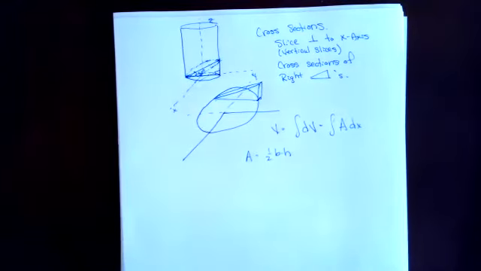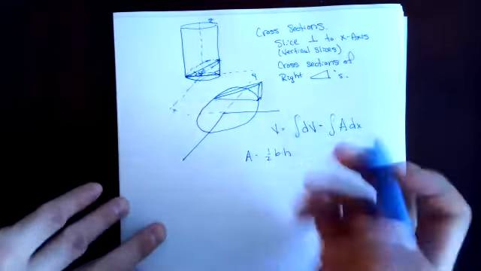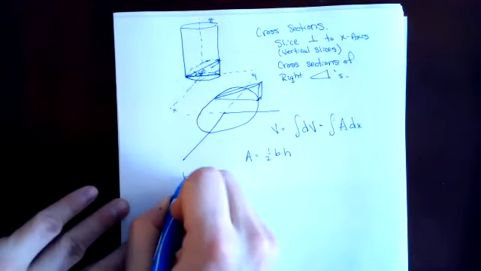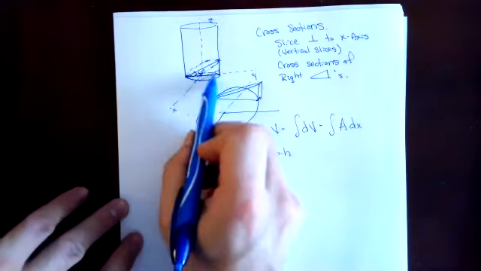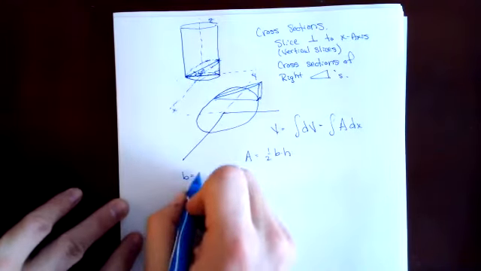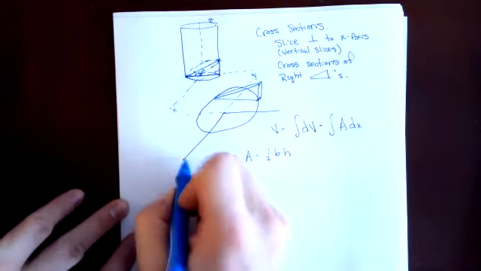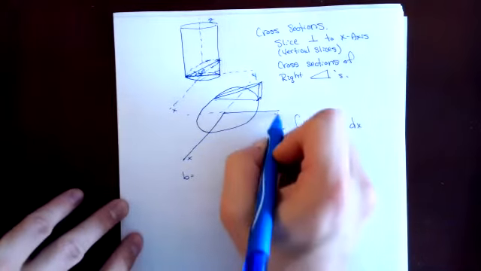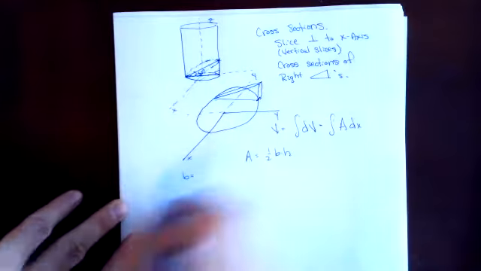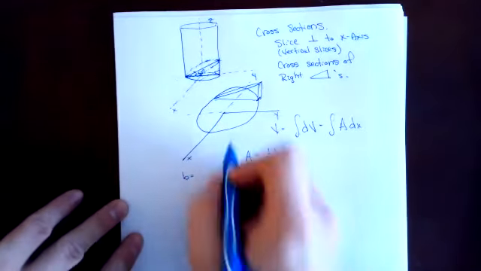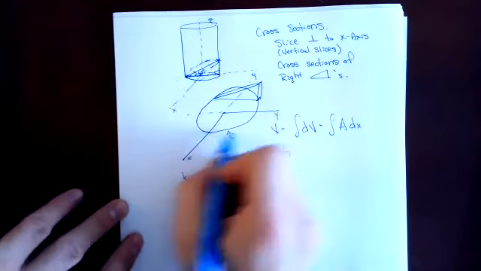And now we just need to figure out what the base and the height are. Base is pretty easy. Since it's a circle, again, we can model this function. This is probably new to a lot of you, at least the way we're orienting it, because x is coming out at us and you're used to seeing x horizontal, but it's still just a circular base.